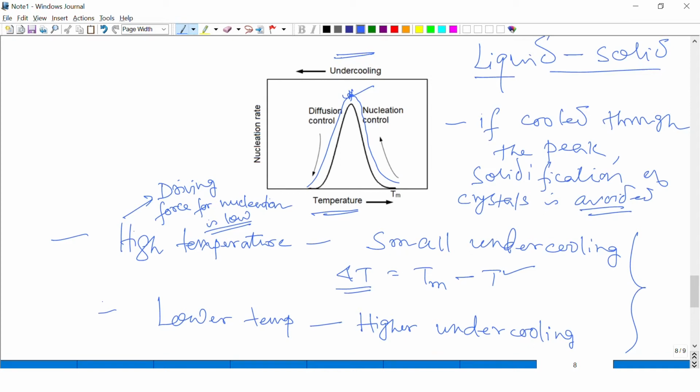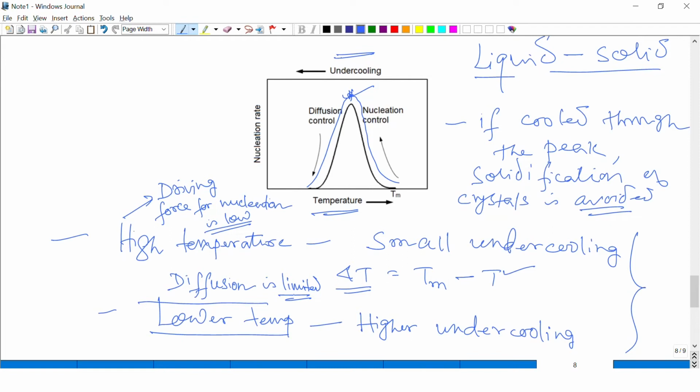Okay. And when you are on the lower temperature side, in this kind of conditions, since the temperature is low, the transportation of atoms or diffusion will be limited, because diffusion is a thermally activated process, and as a result if you lower the temperature, diffusion is also going to be limited.